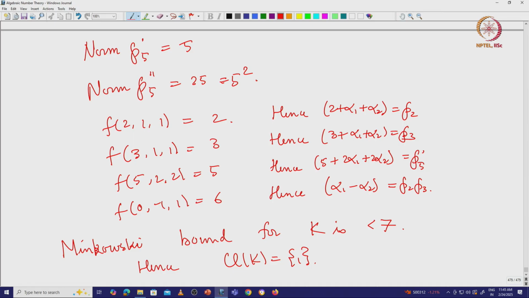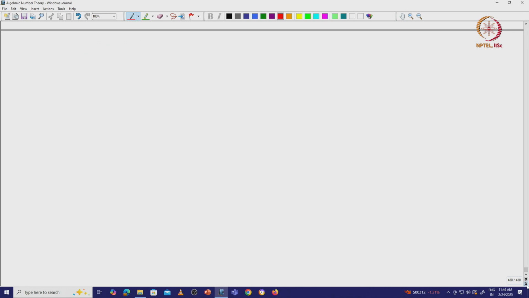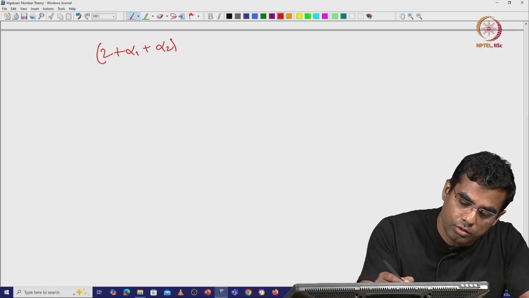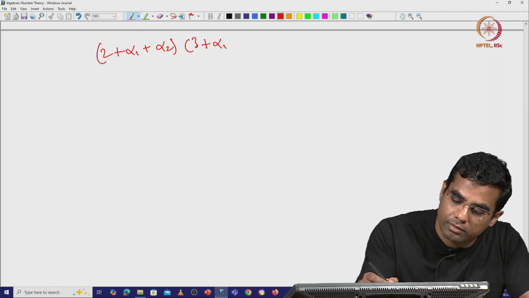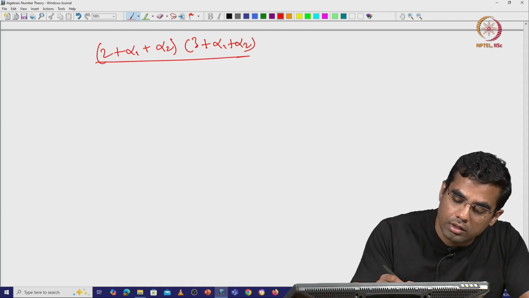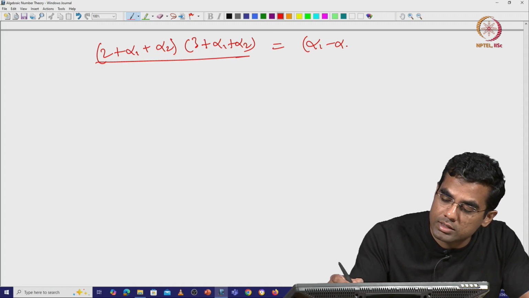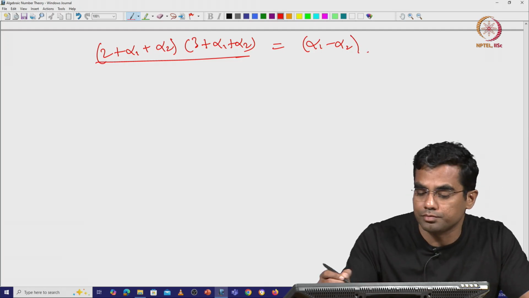Furthermore, what you get is the following. So all these things are fine, but now you see there is a nice thing that comes out of all these calculations. The nice thing is that 2 plus alpha 1 plus alpha 2 times 3 plus alpha 1 plus alpha 2 is equal to the ideal generated by alpha 1 minus alpha 2, right.